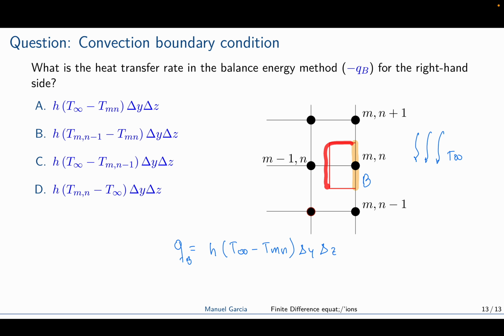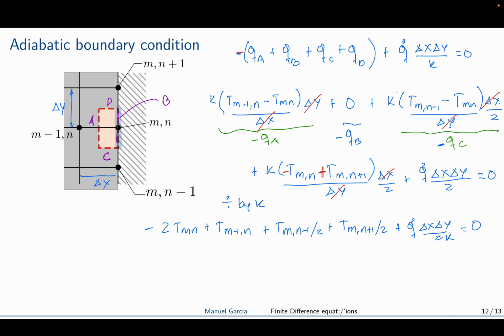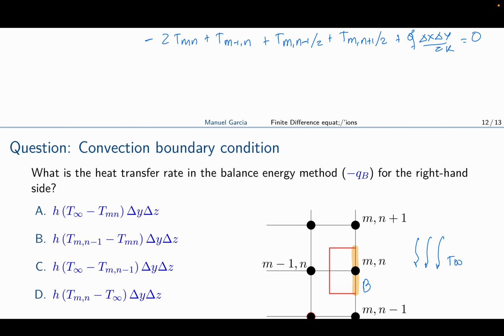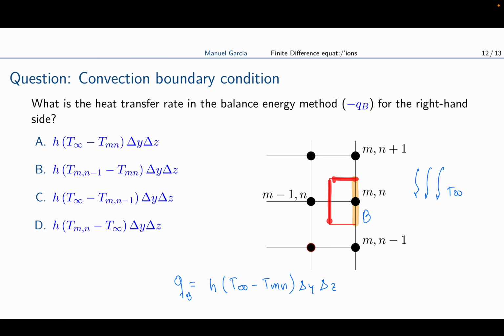So if we summarize for this element which has convection on one side, what will be the equation? Well, if we compare with this case, the equation in this case has QB equal to 0, and apart from that, all the flux should be the same.